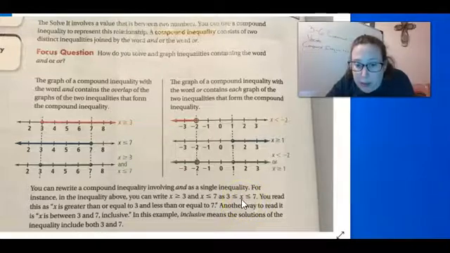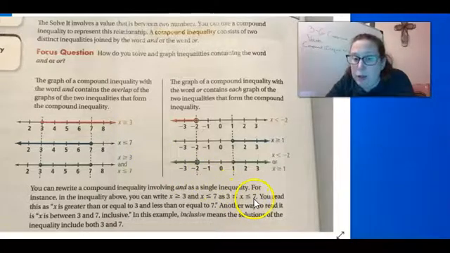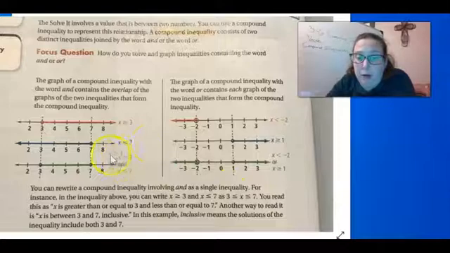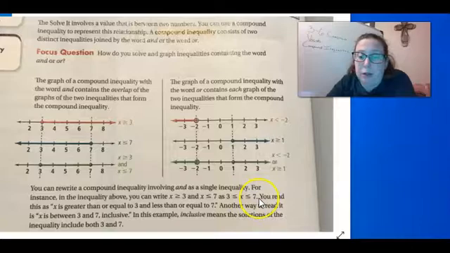Remember, when you read left, you start with your variable and say x is greater than or equal to, so you're reading that backwards. X is greater than or equal to 3, that's what we had up here, and then x is less than or equal to 7, that's what we have on our blue graph. You can combine those and say 3 is less than or equal to x is less than or equal to 7.